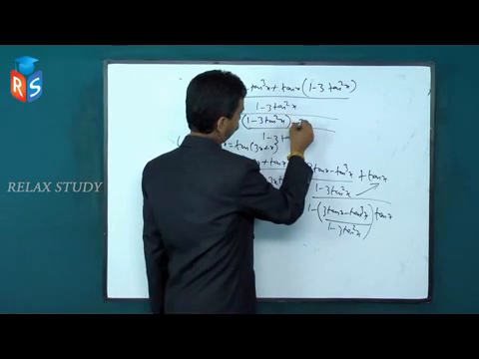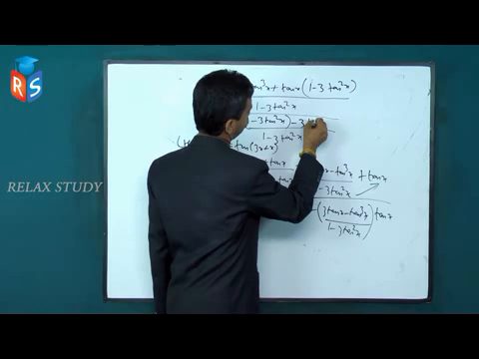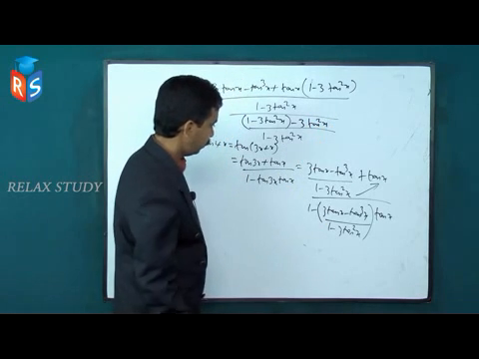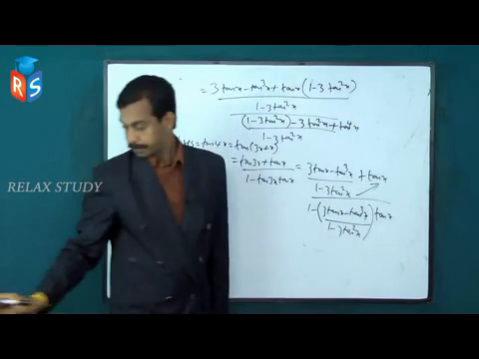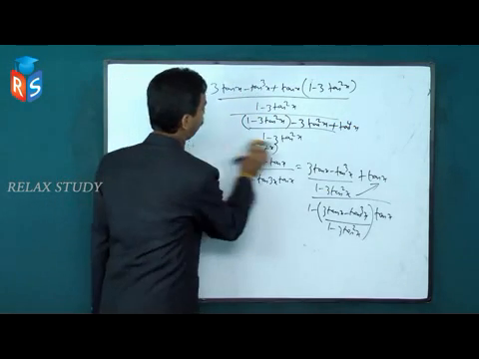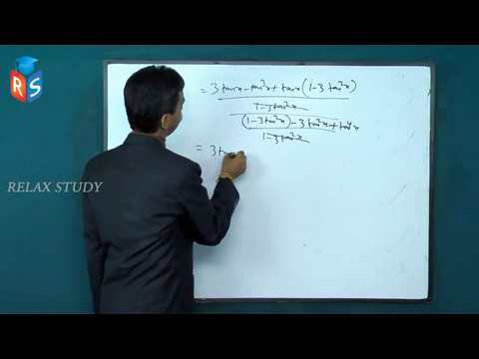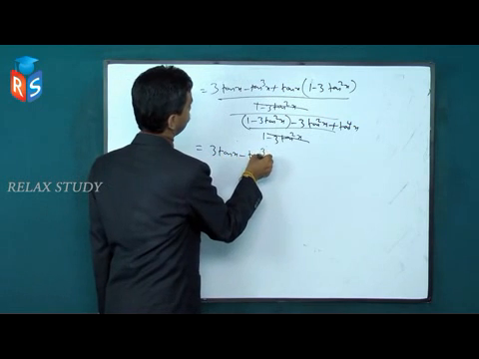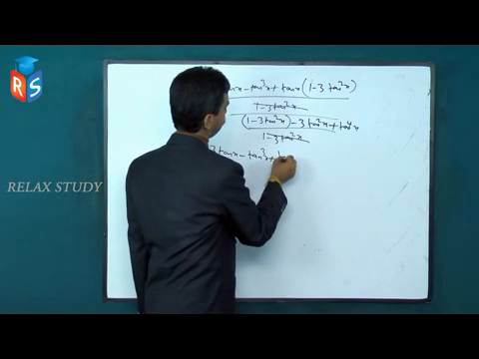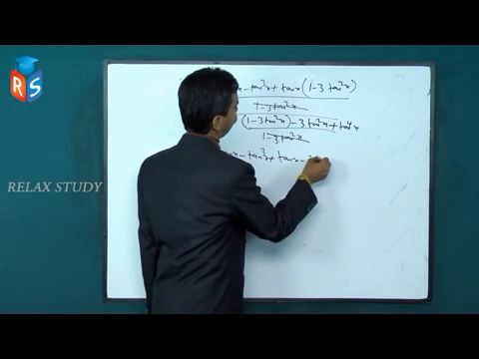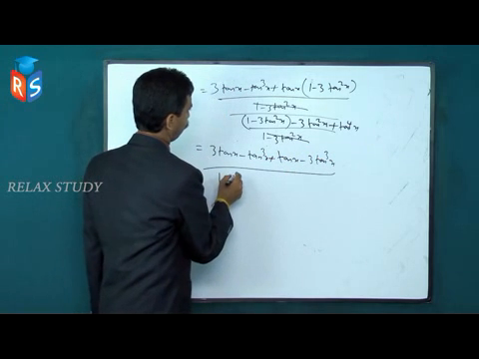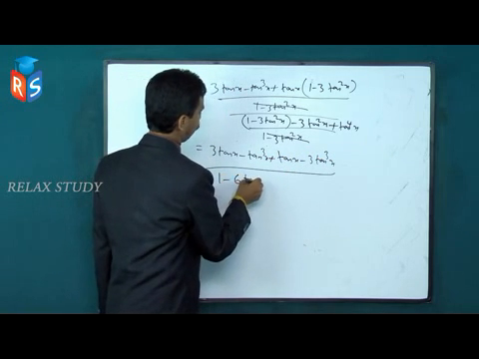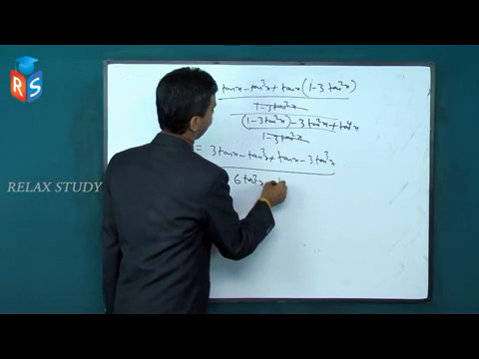Removing the bracket, minus 3 tan square x plus tan raised to 4x. Simplifying, equals 3 tan x minus tan cube x plus tan x minus 3 tan cube x divided by 1 minus 6 tan square x plus tan raised to 4x.